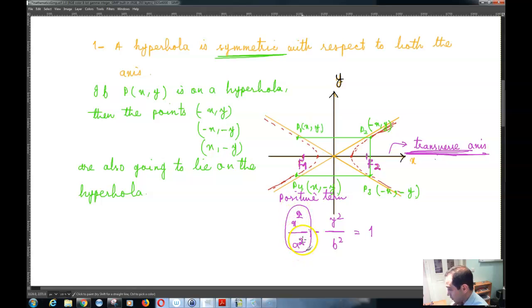The denominator of this term is going to give you the transverse axis, because over here, as you can see, it is x squared over a squared, so the denominator is a squared. Whatever a squared is, you can take the square root of that.